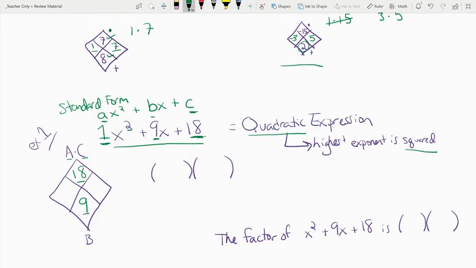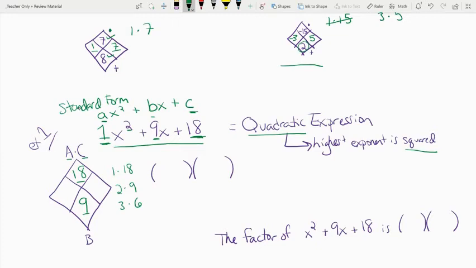Now what we need to do is figure out what numbers multiplied together will give us 18. So we could do 1 times 18. We could do 2 times 9. And we could do 3 times 6. Those are our 3 options to get 18.